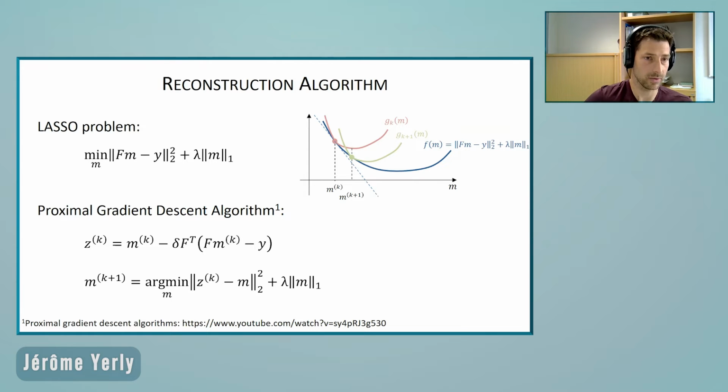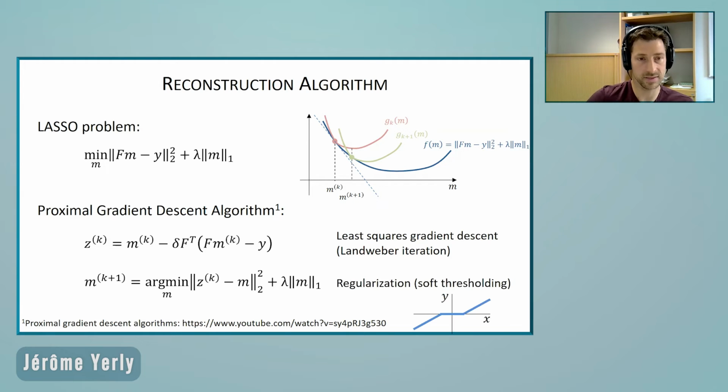Basically, our position m of k is updated by the gradient of this L2 norm multiplied by a step size. So this is really a gradient descent update, what we call a least squares gradient descent or Landweber iteration.